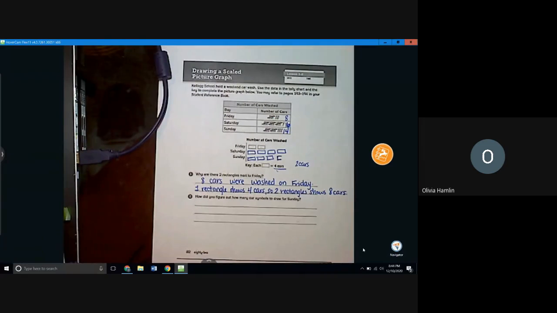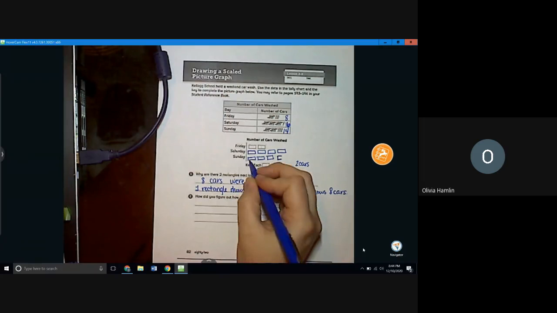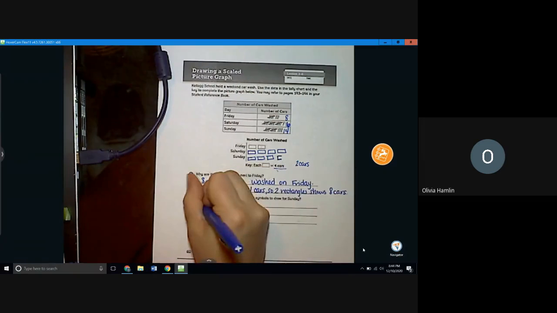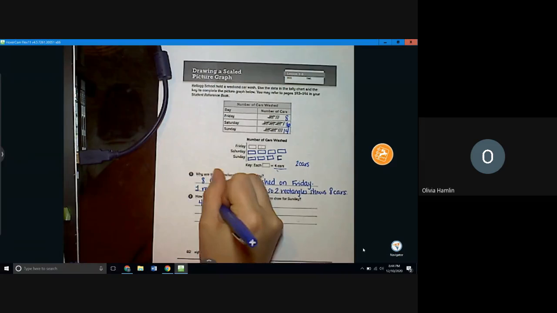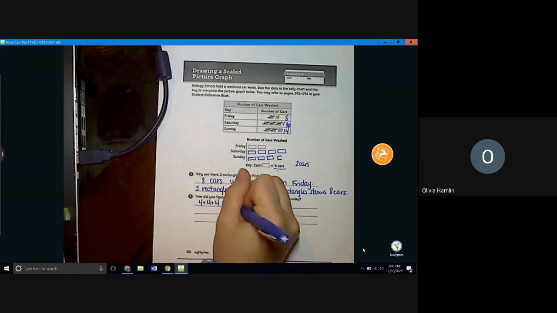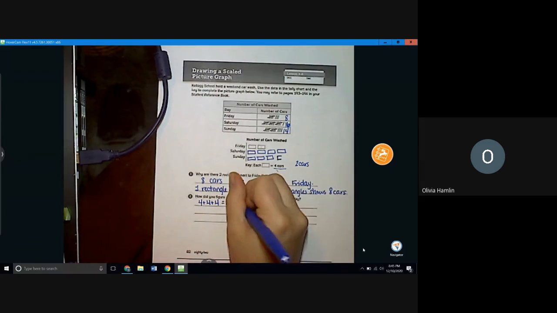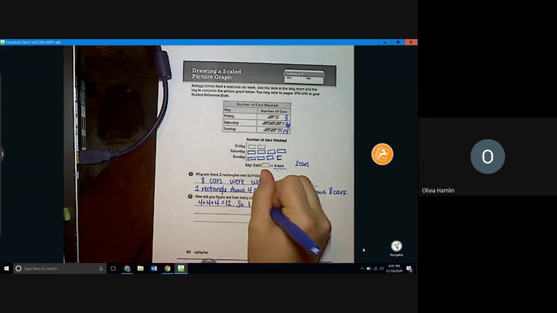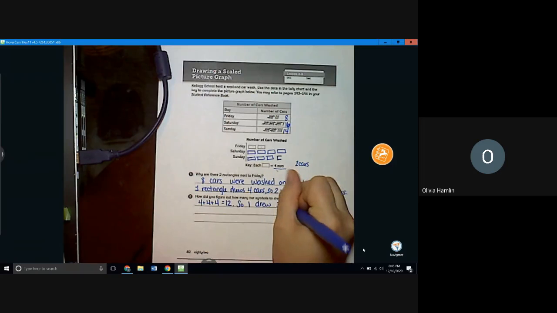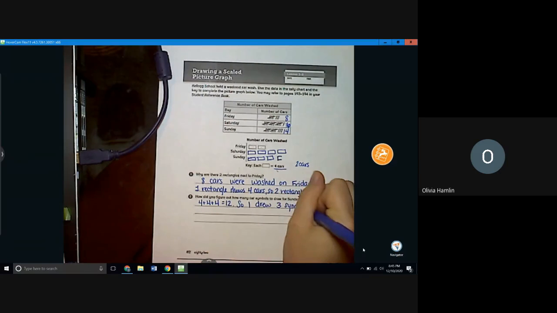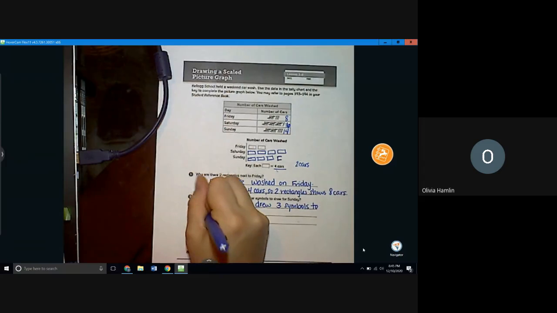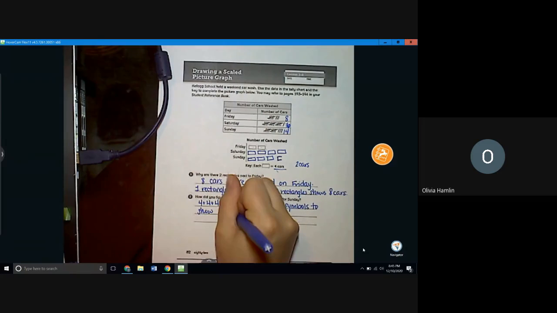All right, and then how do we figure out how many car symbols to draw for Saturday? Well, I went 4, 8, 12, so I knew 4 plus 4 plus 4 equals 12. So I drew 3 symbols to show 12 cars.